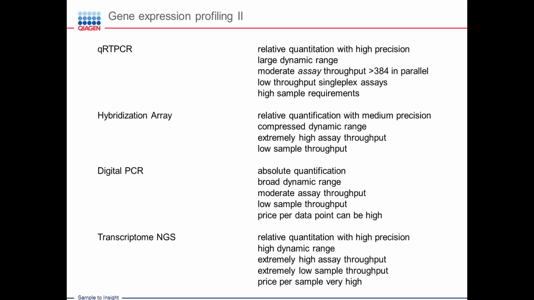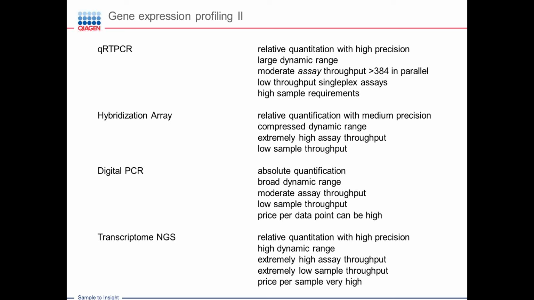So qRT-PCR improved things quite a bit. It has much higher dynamic range, so a qRT-PCR experiment typically has 10 to the 6th or 10 to the 7th fold dynamic range, and very high precision. So you do technical replicates and you have reasonably good hands, you can get extremely high precision, not necessarily high accuracy, so you can get the same wrong answer all the time, again.